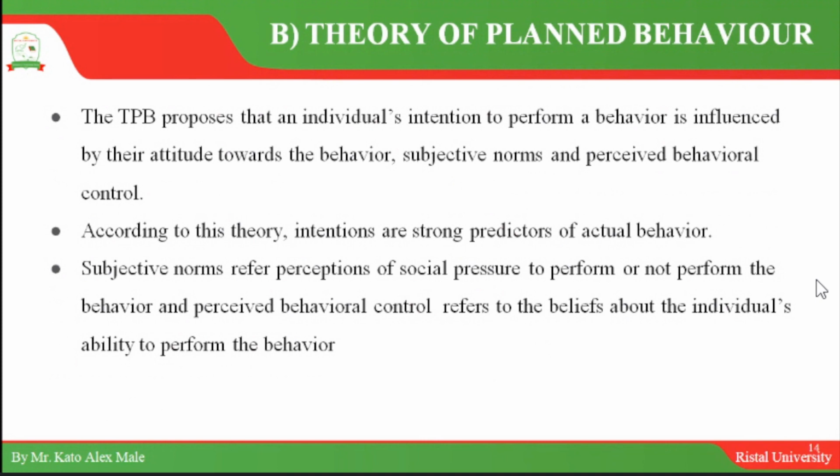If their fellows do regular physical exercise, that patient will also do. Therefore, the theory of planned behavior teaches us professionals that whenever you're giving a directive to a patient, mind about their intentions or the goals they want to achieve. Secondly, mind about their social surroundings, the things that surround them.